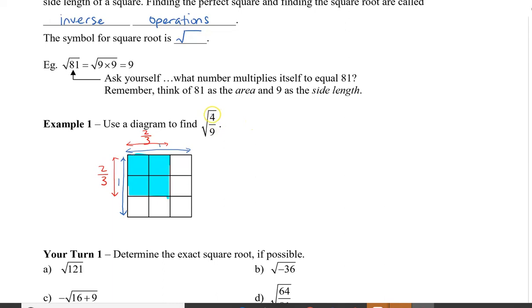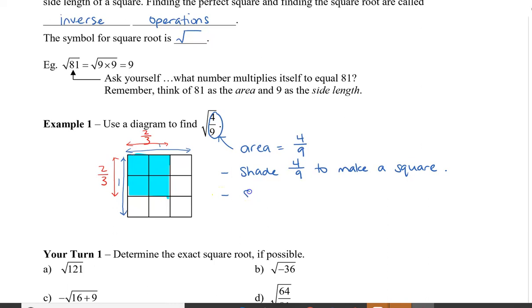So let me write this out. We took 4/9, and that is the area. And then what we're going to do is shade 4/9 to make a square. Now we're purposely making a square. We're not shading an L shape, or one straight line down, but we're shading 4/9 to make a square.